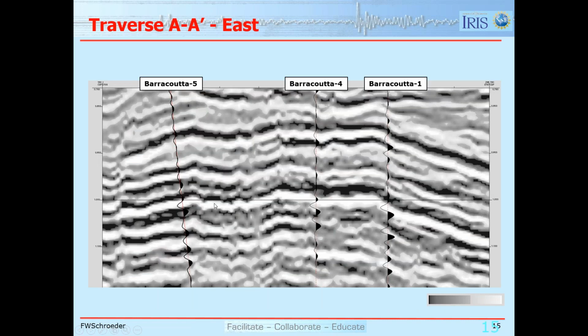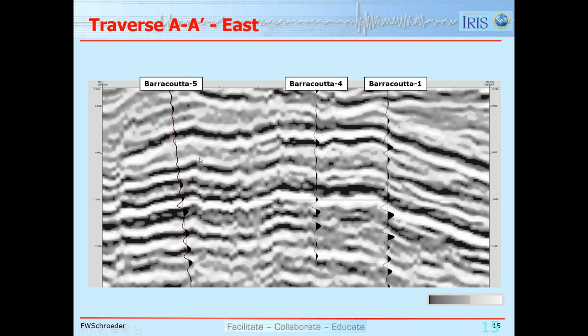Your task in the exercise is to make well seismic ties for these 5 with about 8 horizons, and then see if you can correlate on this zigzag line connecting up the different wells and make sense out of the reservoir stratigraphy. I'll talk more about that next Tuesday as we do the next lecture.